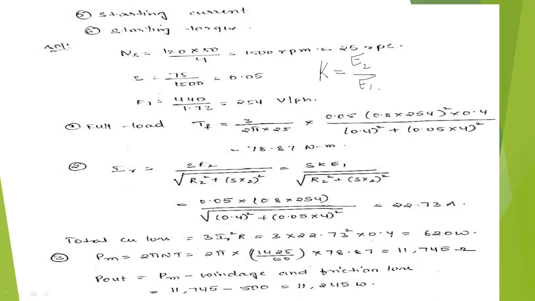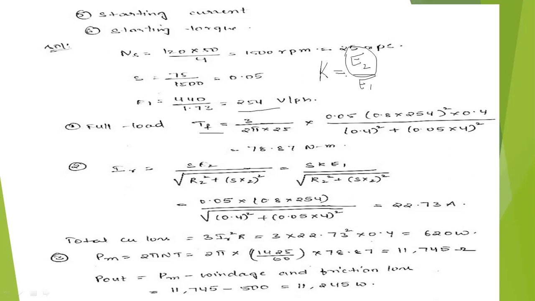From here, E2 is equal to K into E1 I can write. Sorry, here E1 you have given. So E2 is equal to K into E1. E2 we have to write.